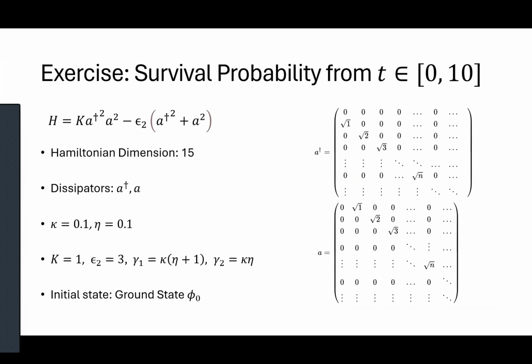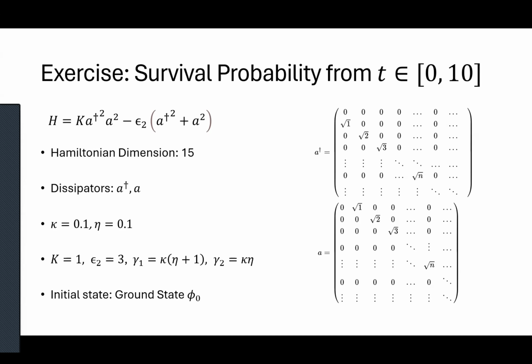Yeah, this is about the parameters and about the operators. I think that is because it's the creation and annihilation per particle, as Leah explained. Gamma 1 is kappa times n plus 1 and gamma 2 is kappa times n.